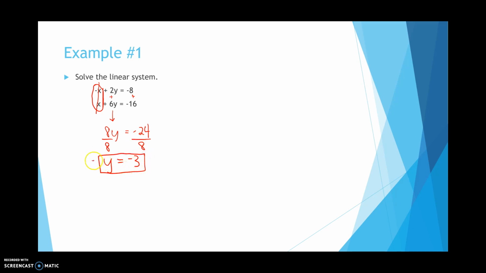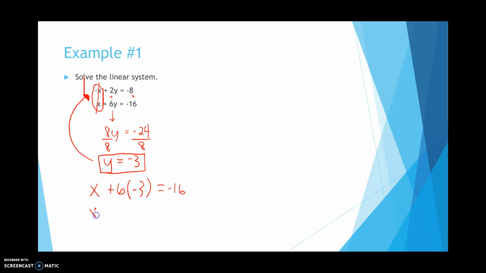So what I need to do now is go back to one of the two original equations. It doesn't matter which one you choose, and you now need to solve for x. Let's work with the bottom equation because my x is positive. So we have here x plus 6y, my y is negative 3, equals negative 16.